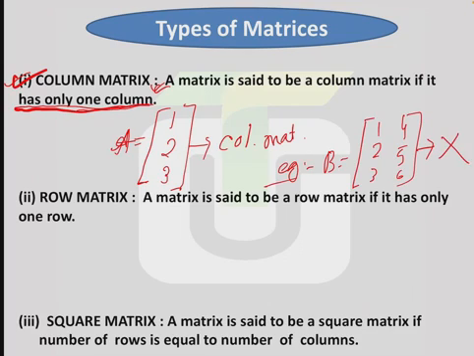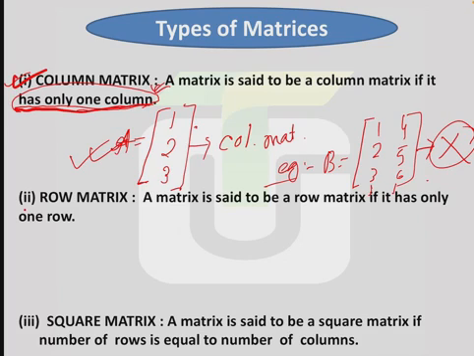This is not a column matrix because there are two columns, C1 and C2. According to the definition, where only one column is there, it is called a column matrix. But A is a column matrix because there is only one column, whereas B is not a column matrix because two columns are there.